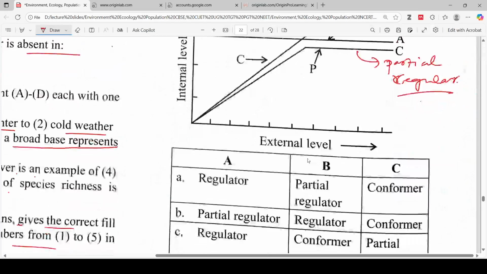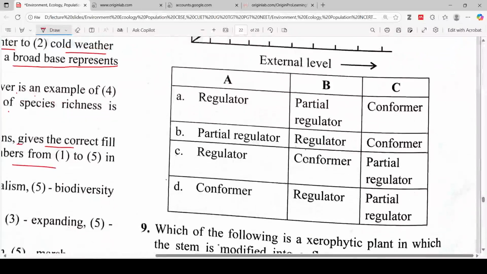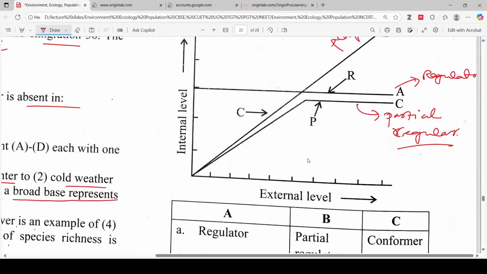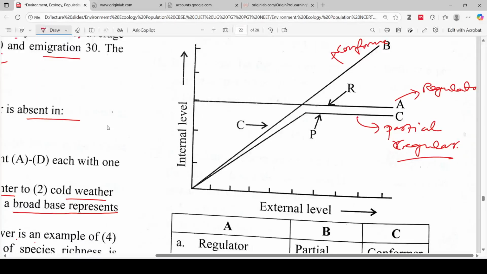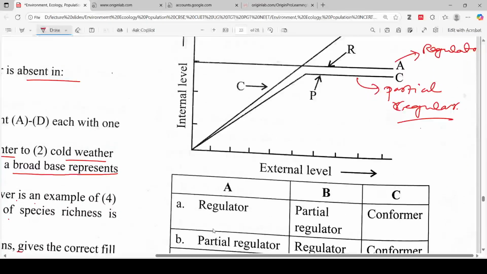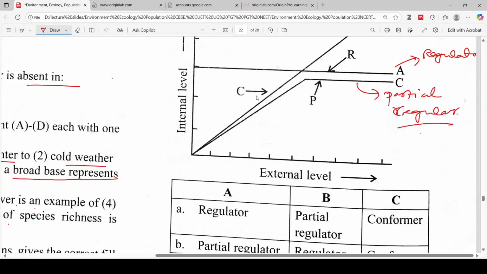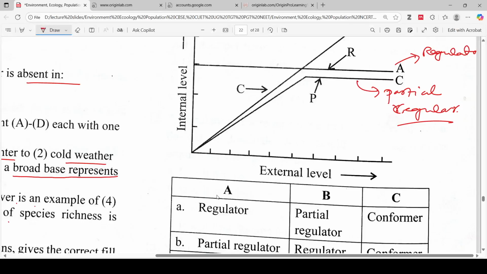So A is a regulator, C is a conformer, B. So B is a conformer and A is a regulator.